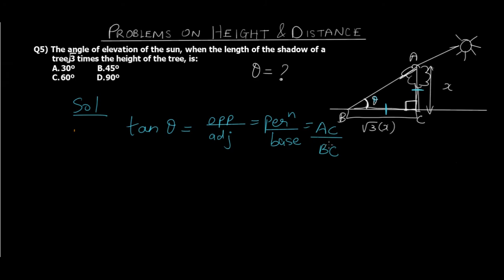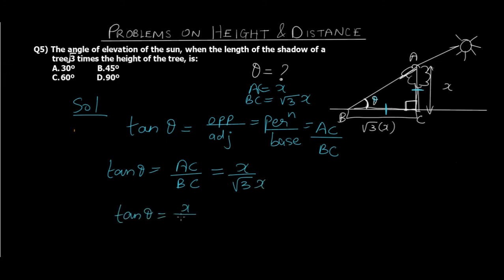So this is exactly what we wanted, because we need to include these two sides. So tan theta is equal to AC upon BC. So we know AC here is x and BC is equal to root 3 of x. So tan theta is equal to x upon root 3 of x. So just cancelling out the x values, we ultimately get tan theta is equal to 1 upon root 3.